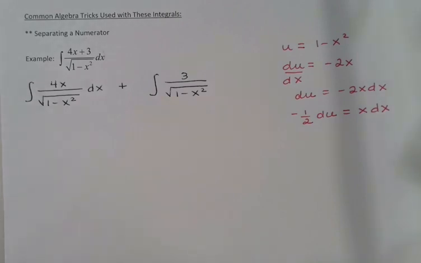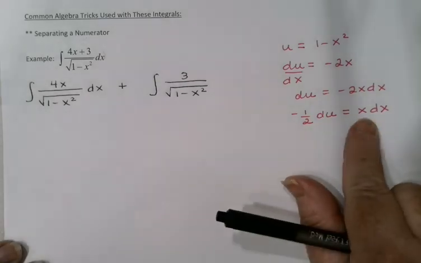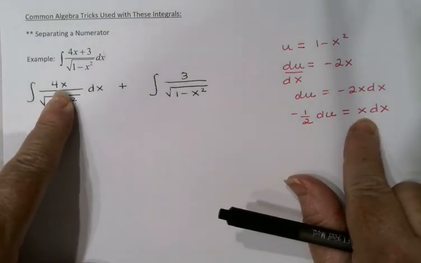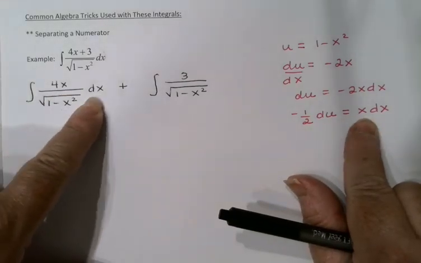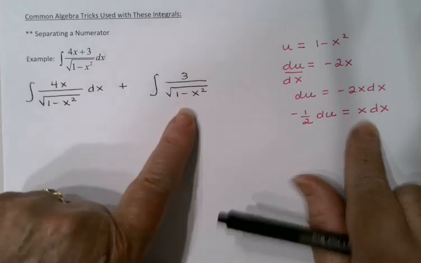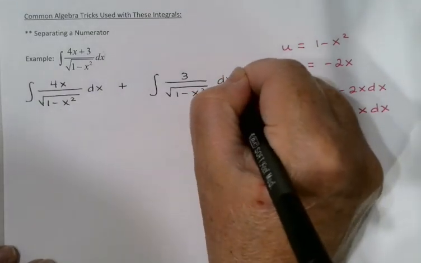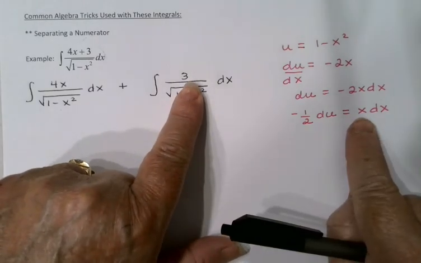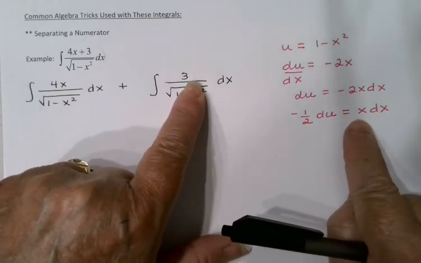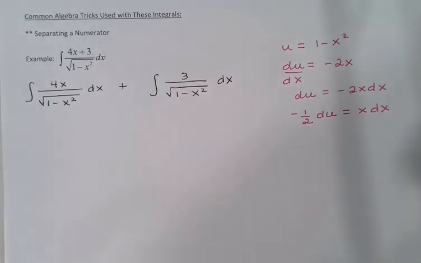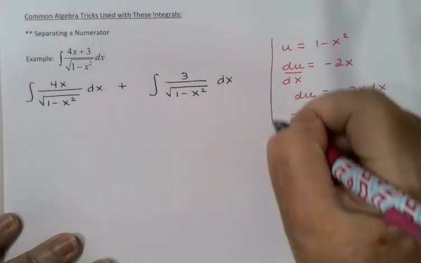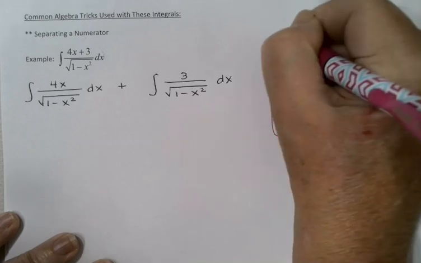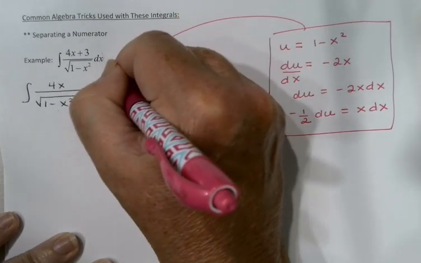Right. So, which one is that going to work for? That's actually going to work for this one, because I have an x dx to work with. Oops, I forgot my dx over here. But it won't work here because I don't have an x, right? I have a dx, but I don't have an x. So this u substitution is actually going to be useful specifically for that integral.